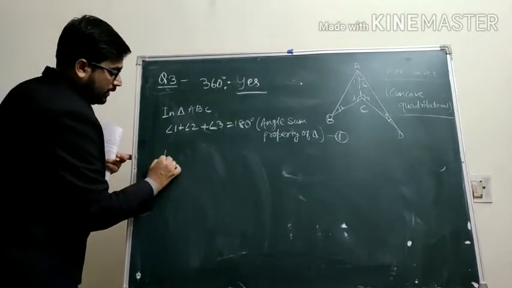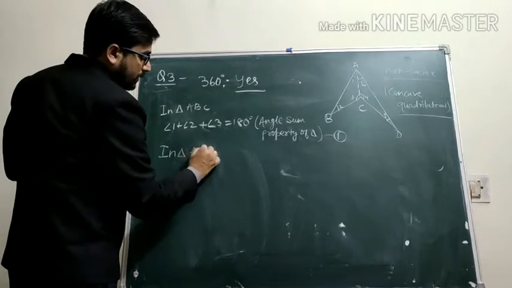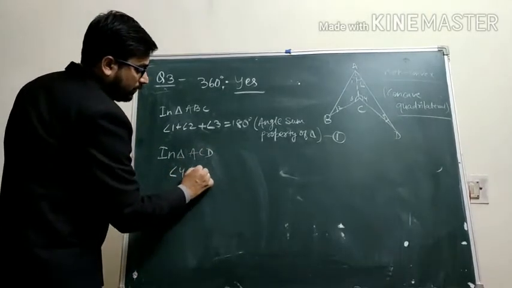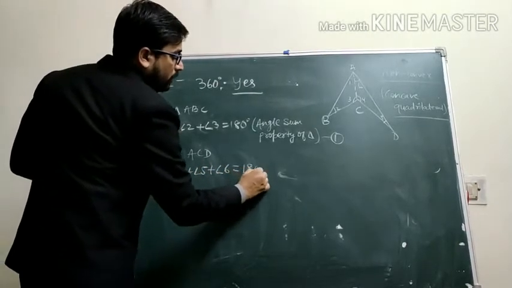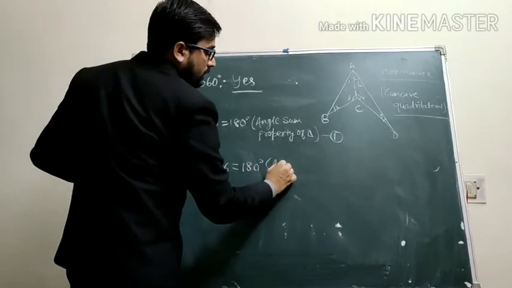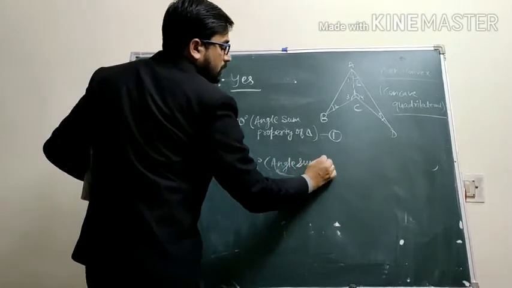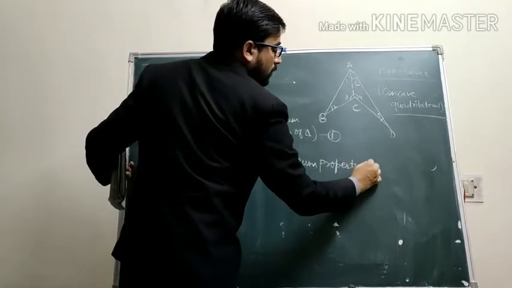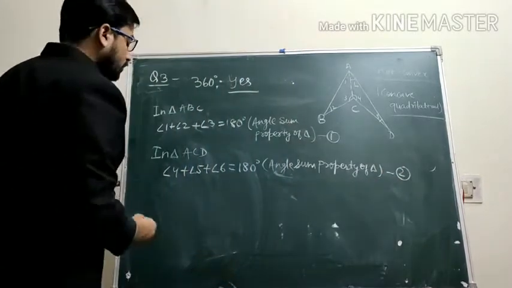Now in triangle ACD, angle 4 plus angle 5 plus angle 6 is equals to 180 degree. Angle sum property of triangle. This one, equation 2.